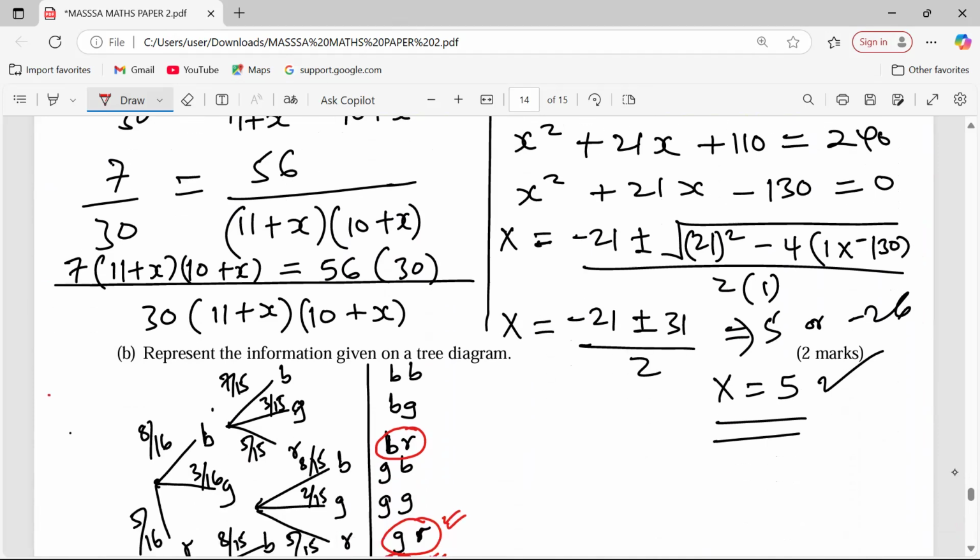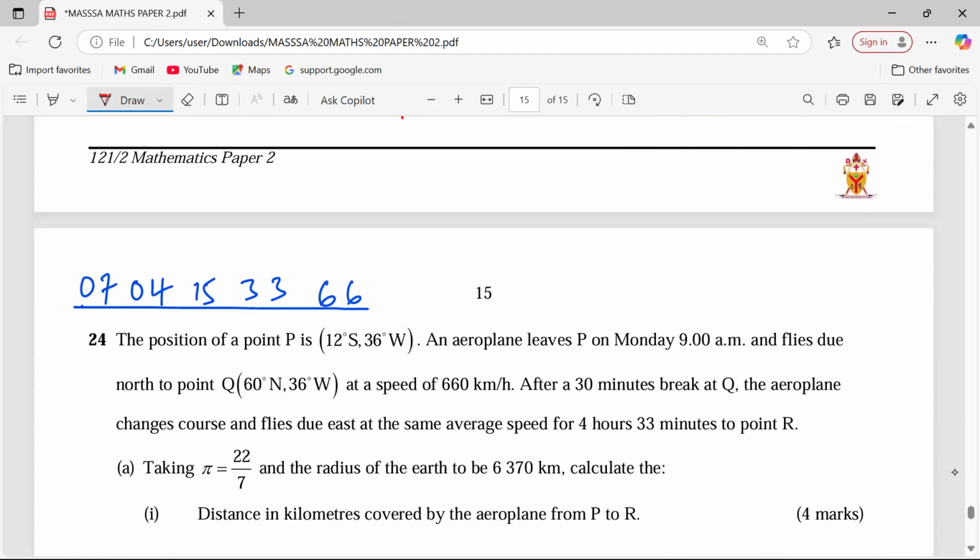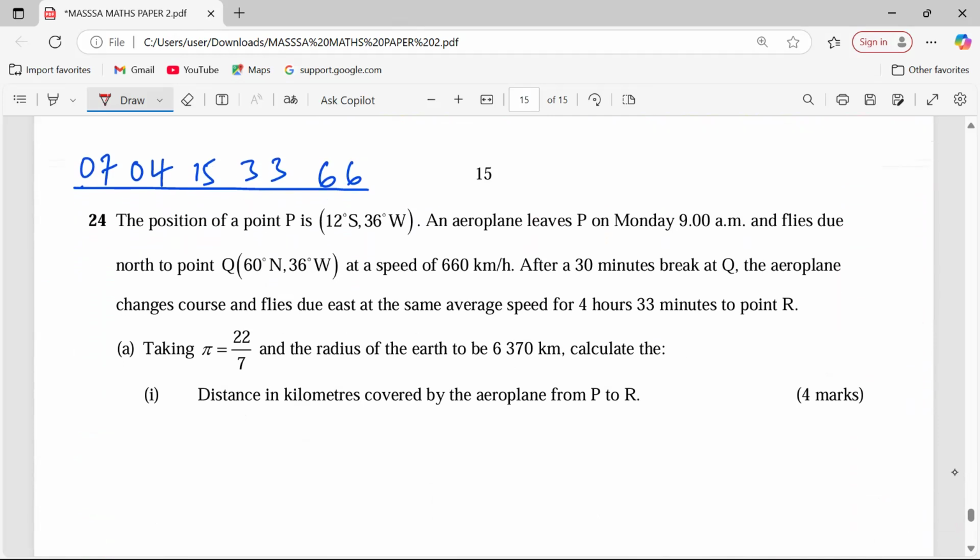Okay, we proceed to the last concept here, which is on longitudes and latitudes. Number 24. The position of a point P is 12 south, 36 west. An aeroplane leaves P on Monday, 9 a.m. and flies due north to a point Q, which is 60 degrees north, 36 degrees west.